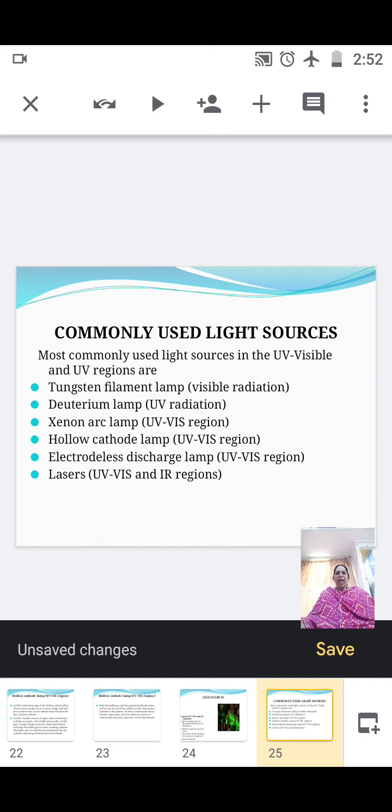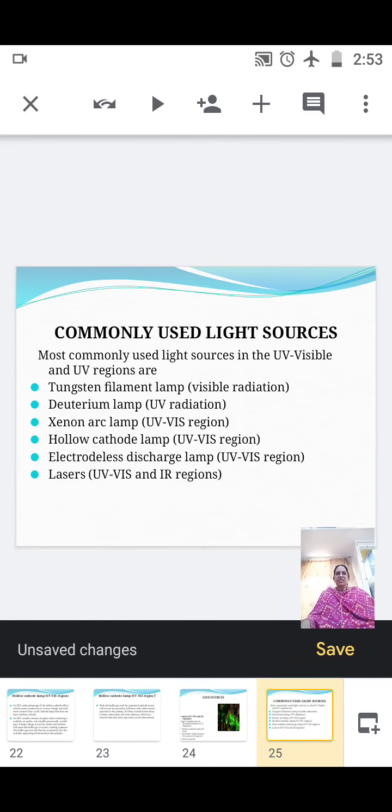So laser is light amplification by stimulated emission of radiation, where the radiation produced is of specific spectral lines. These lasers are used when a high intensity line source is required.